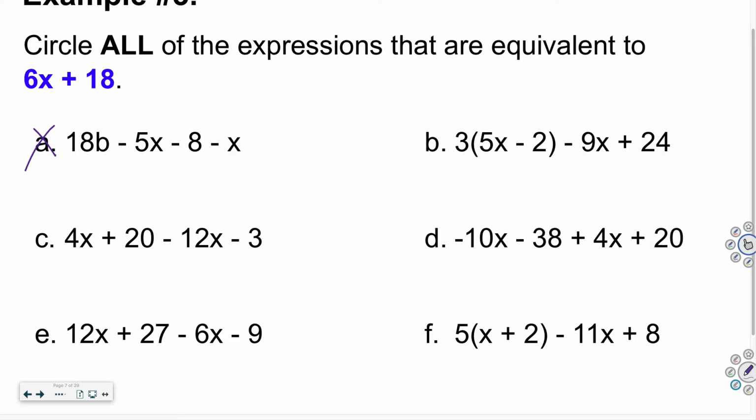All right, looking at part B, this will be 15x minus 6 minus 9x plus 24. Okay, so 15 minus 9 is 6x, and then -6 plus 24 is 18, and that works. So B works.